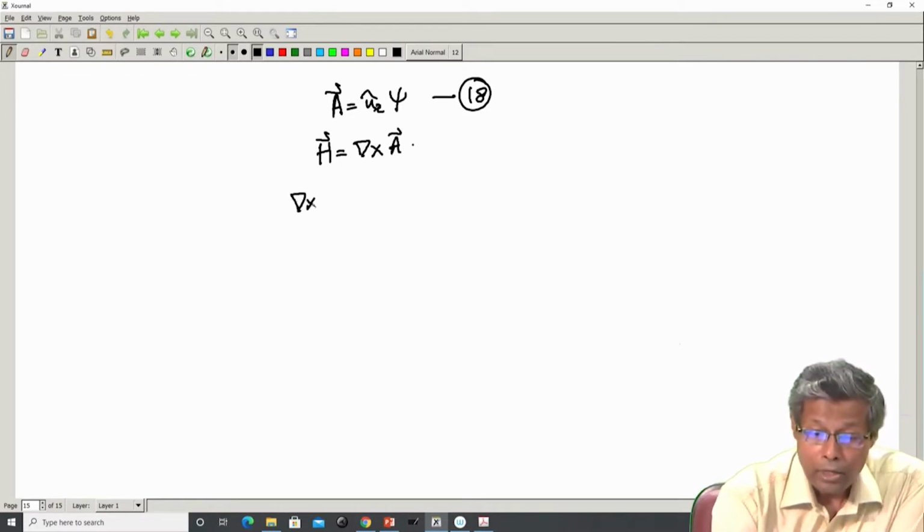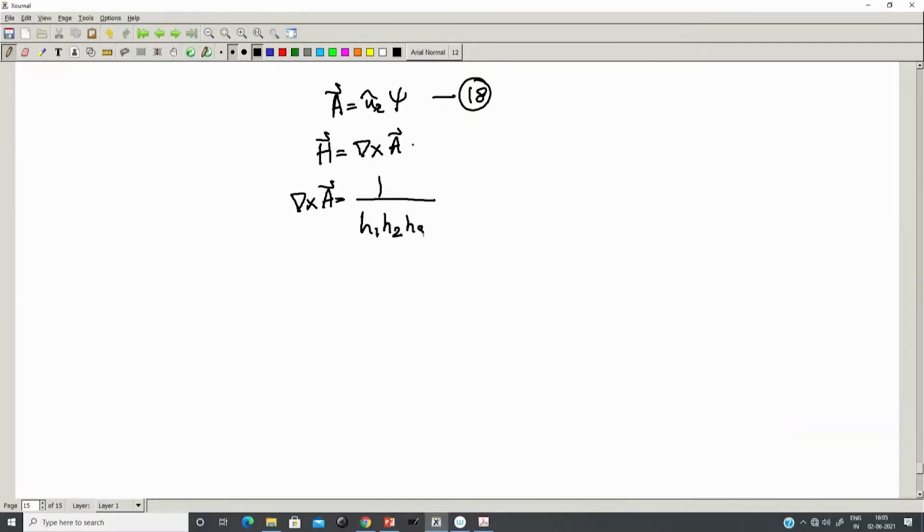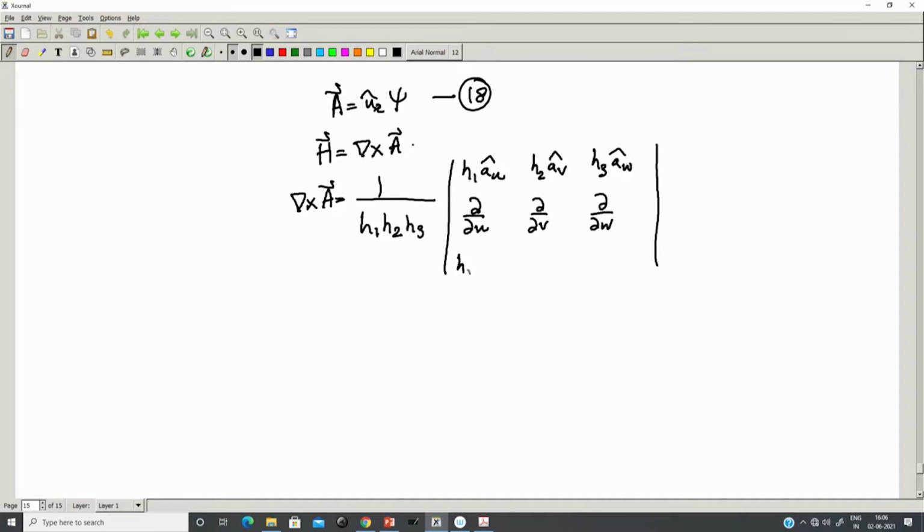and curl of A in the cylindrical coordinate system is 1 by h1 h2 h3 times the determinant of h1 au, h2 av, h3 aw; del del u, del del v, del del w; h1 au, h2 av and h3 aw.